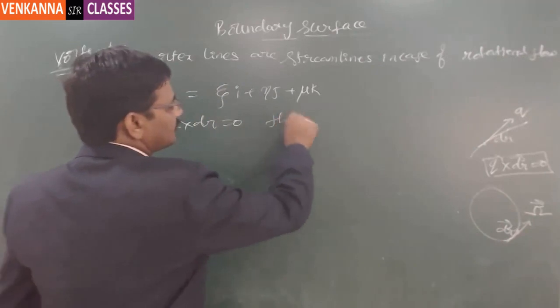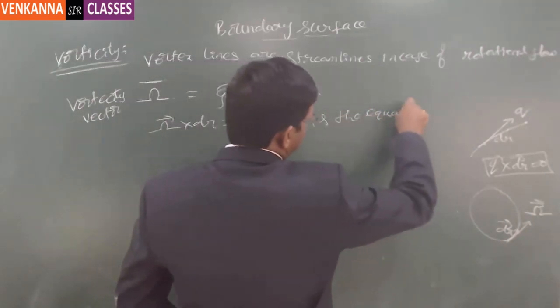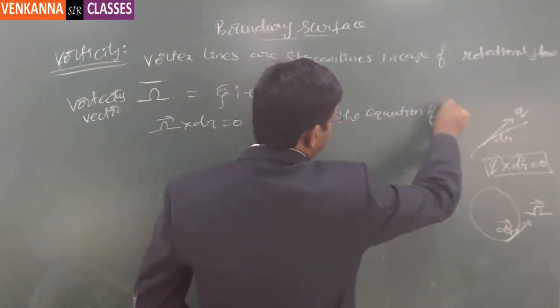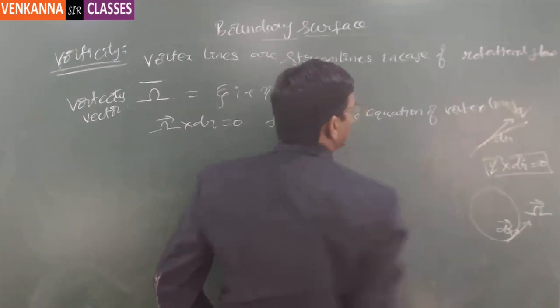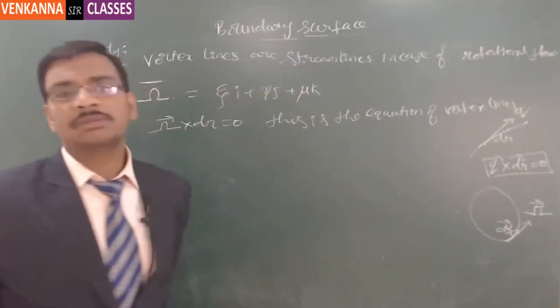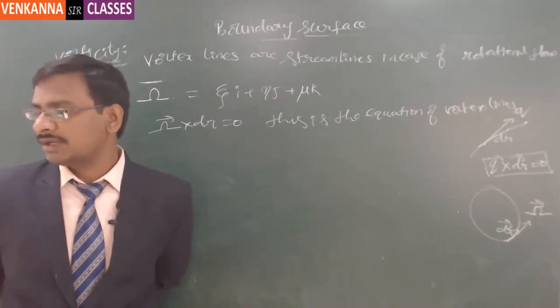This is the equation of vortex line. Got it? So vortex lines are nothing but the gross fluid flow direction in a circular manner.